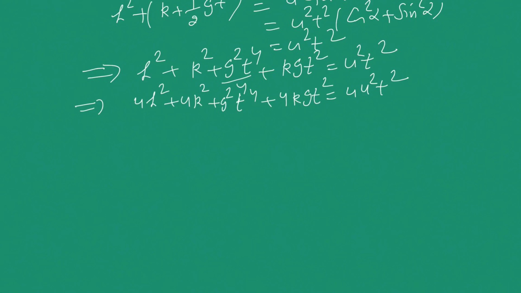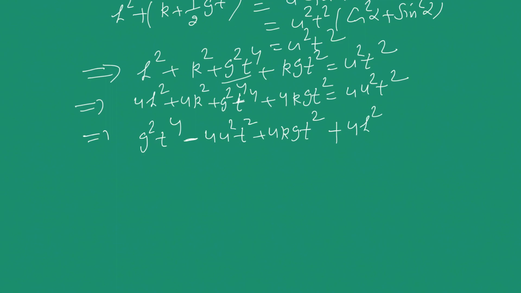This further implies that I am going to first write g square t4. So g square t4 minus 4 u square t square plus 4 k g t square. Both terms containing t square are written. Then we write plus 4 h square plus 4 k square is equal to 0.